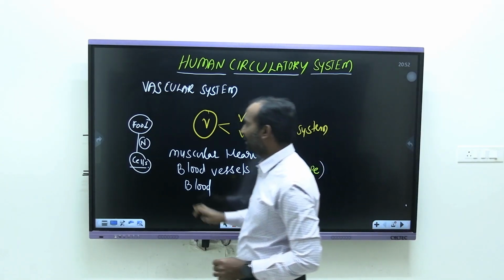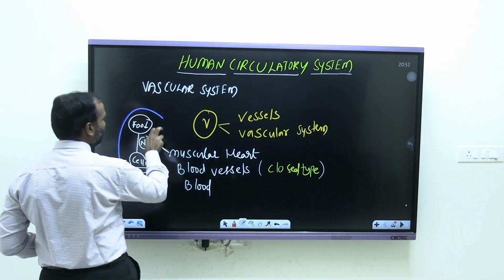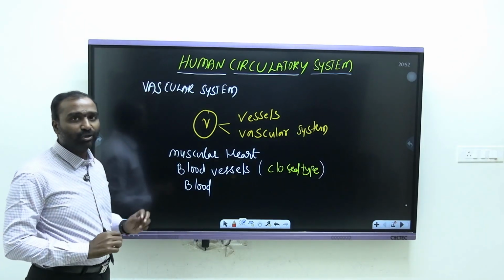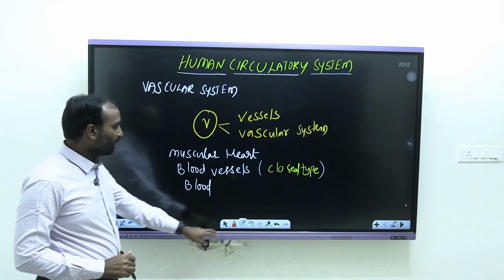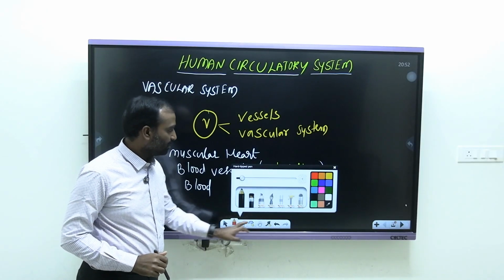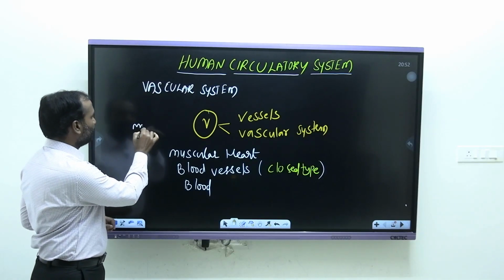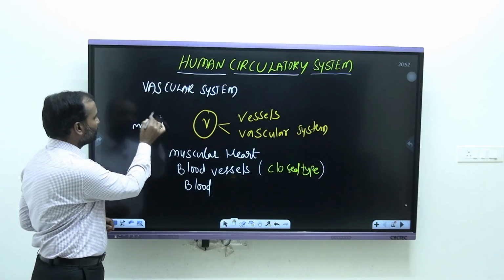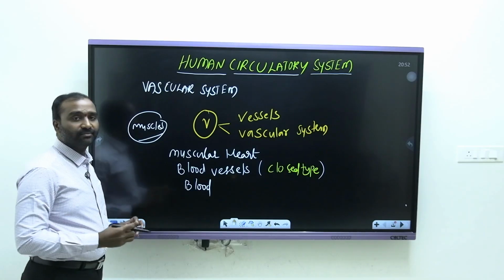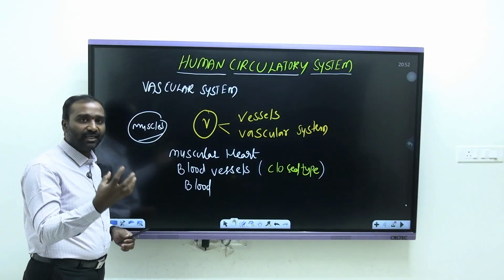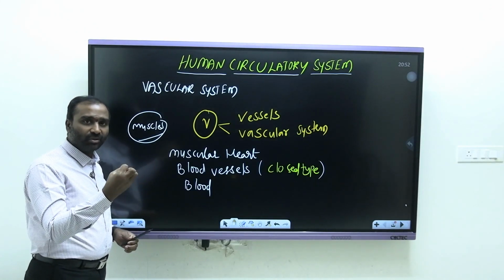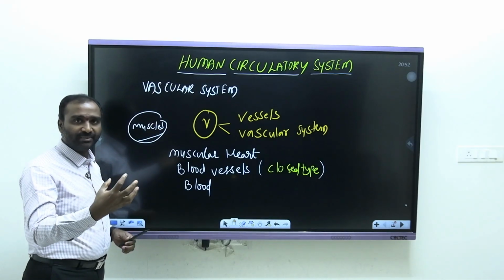Then how is the heart? The heart is a muscular heart. What does it mean? Because the heart is made up of muscles. Now the heart is made up of what? Muscles. Hence it is called a muscular heart, because the heart always has the function of contraction and relaxation. Am I clear?